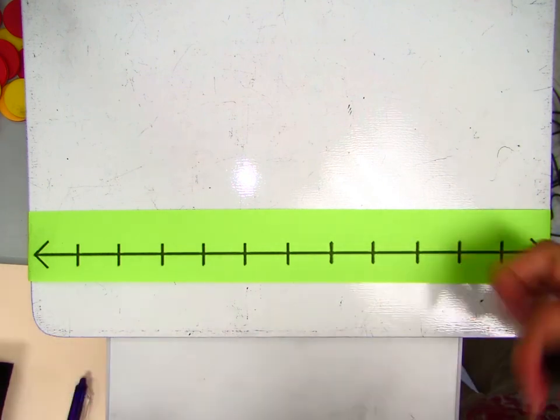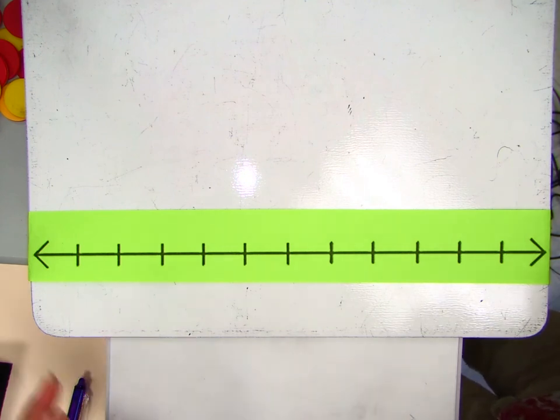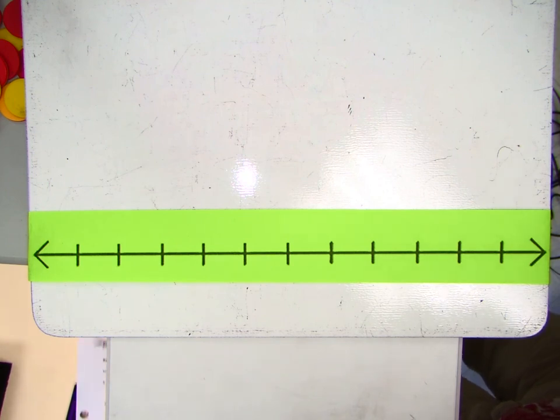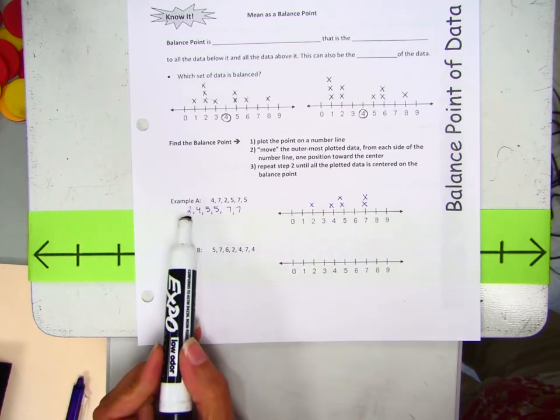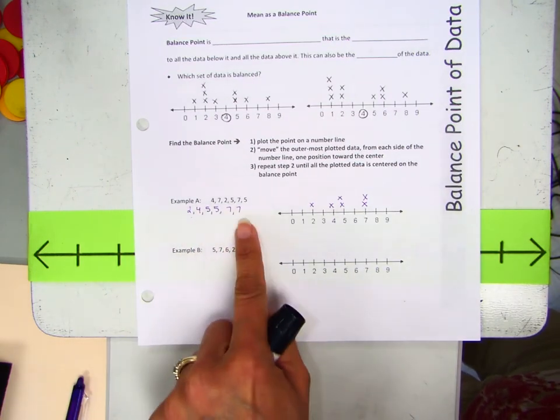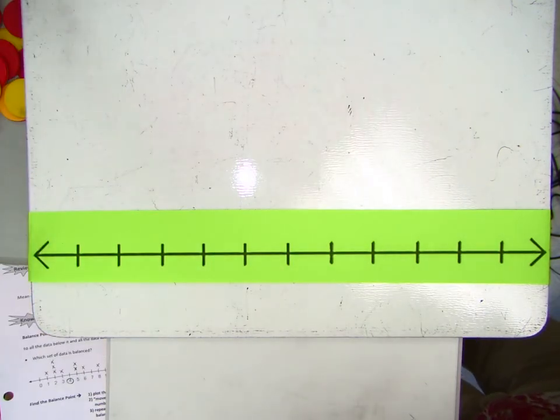Now, this is a blank number line, and the reason is you never know what data points you're going to get. So you're going to have to make the numbers on your number line fit your data points. And if you look at your notes, the data points that we have in this data set go from 2 to 7. So we want to make sure that our number line is from 2 to 7.